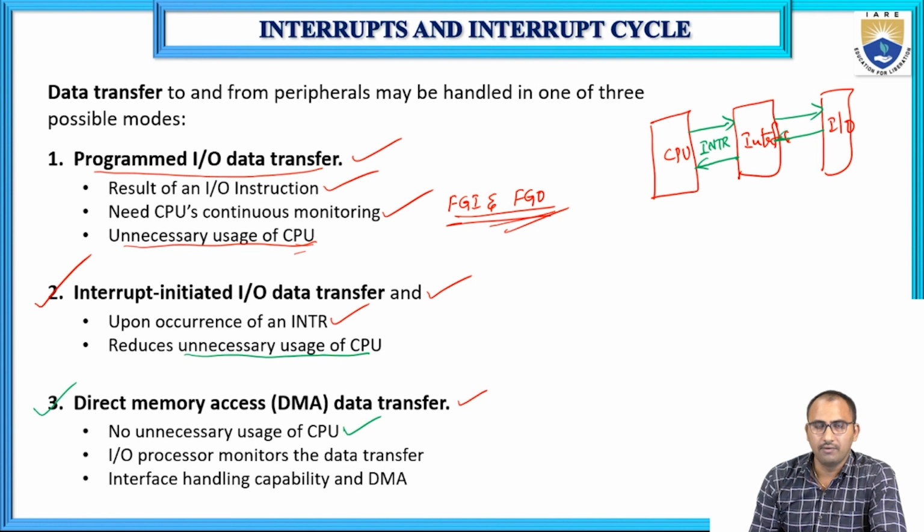That's why we are directly transferring the data from the IO device to the memory without involvement of the CPU. And an IO processor monitors the data transfer. So we have an IO processor that monitors the input-output data transfer and interface handling capability under DMA.